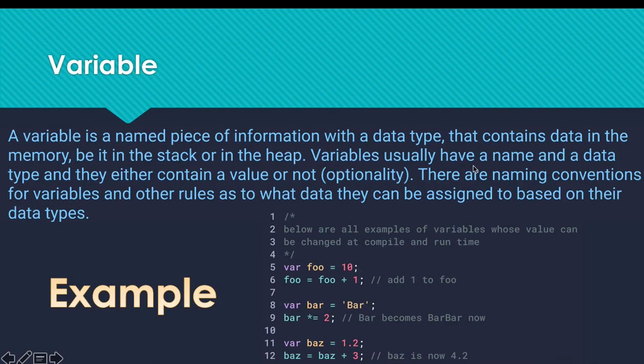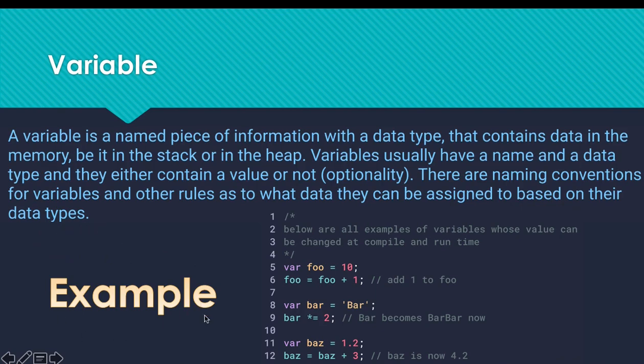Variables usually have a name and a data type, and they either contain a value or not. It's optional. There are naming conventions for variables and other rules as to what data can be assigned based on their data types.